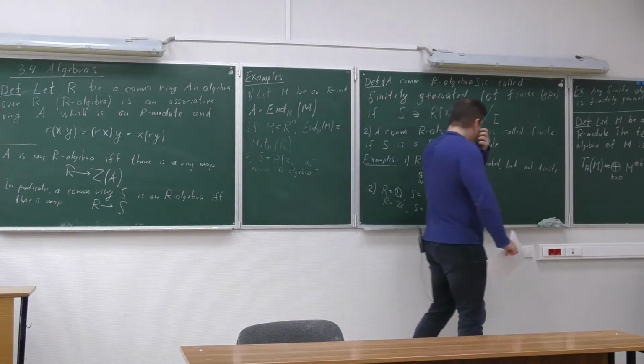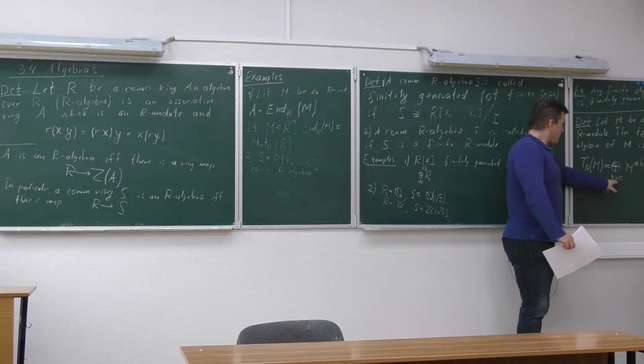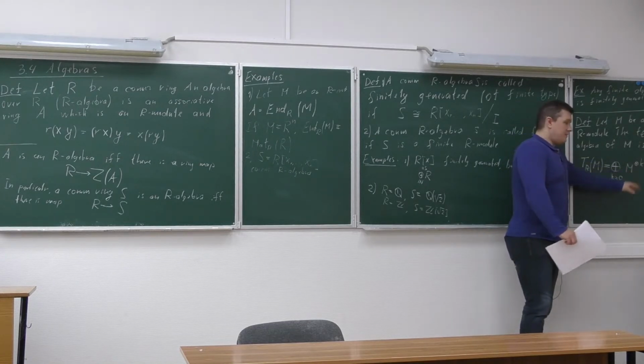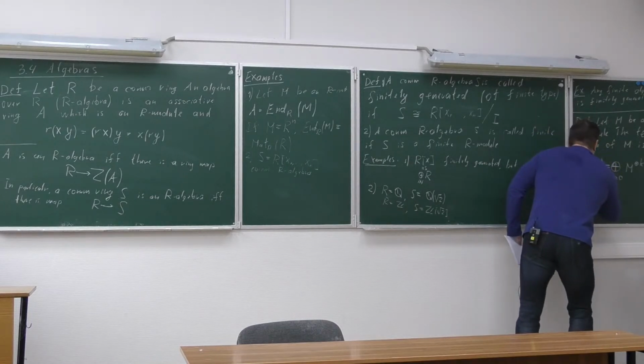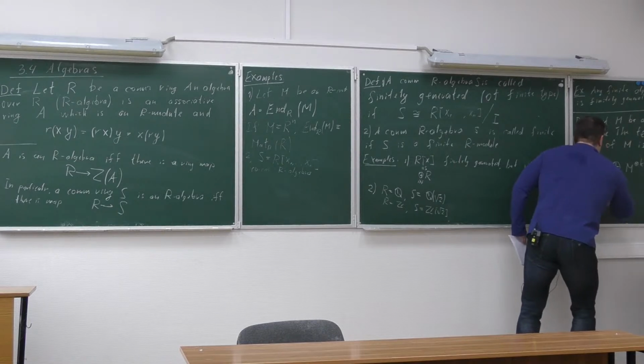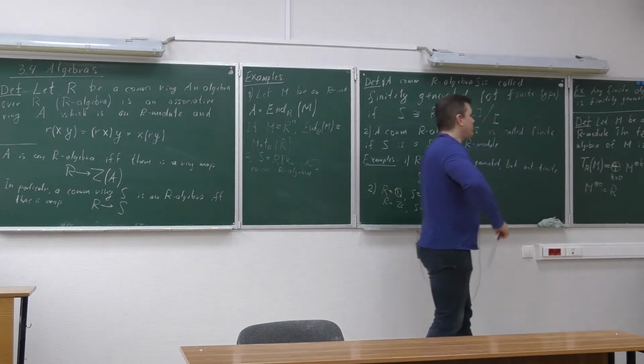Here, of course, there is a question: what's the meaning of this symbol when k is equal to 0? Well, by definition, we assume that M to the tensor power 0 is just the ring. This is how the degree 0 part is defined.